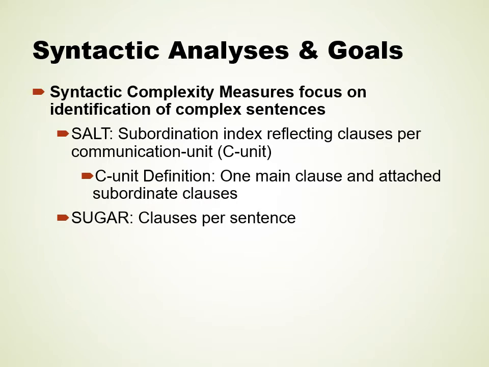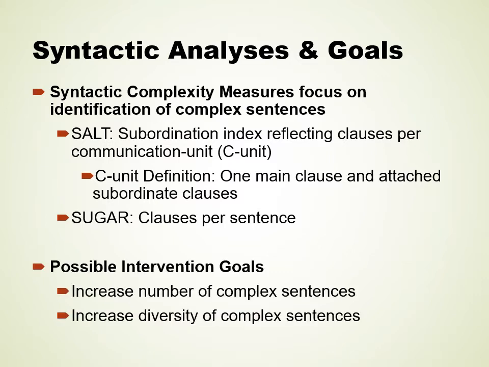In SUGAR, the syntactic complexity measure is clauses per sentence, and again there are slightly different rules for how clauses are counted. So you want to look at the SALT and SUGAR rules when you're doing syntactic complexity.